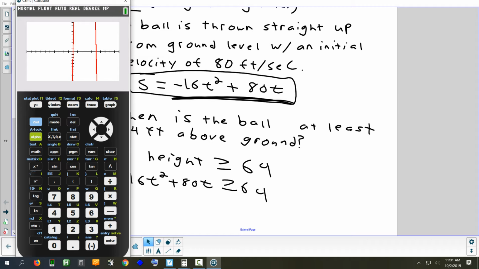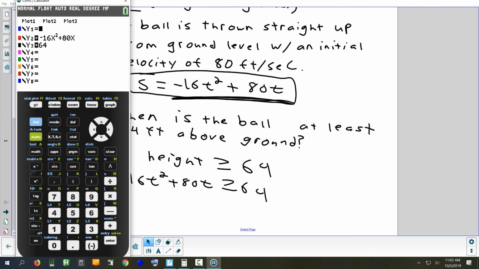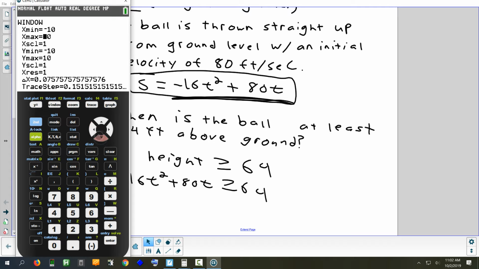Okay, is that a good window? No. When I put y equals 64, that's a horizontal line up at 64. So I've got to go at least that high, and we don't know how high the ball goes. Let's just put in 110 feet. If the ball goes higher than that, it's going to go off the screen.